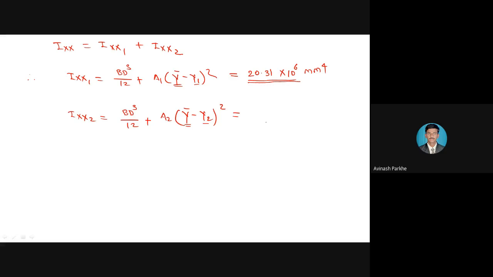Calculate the value of Ixx2 for section number 2. Find the Ixx2.